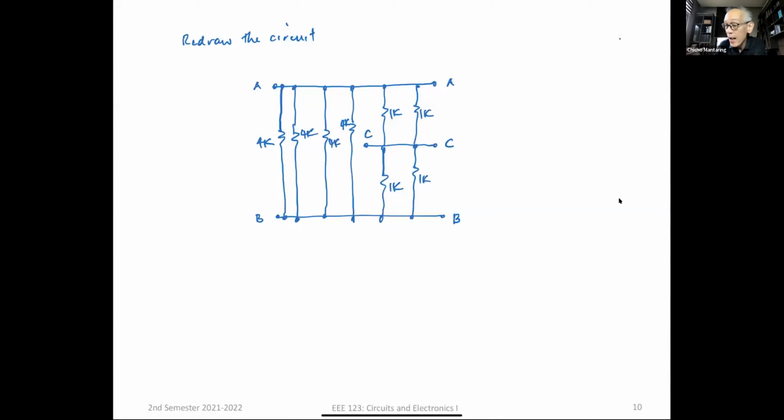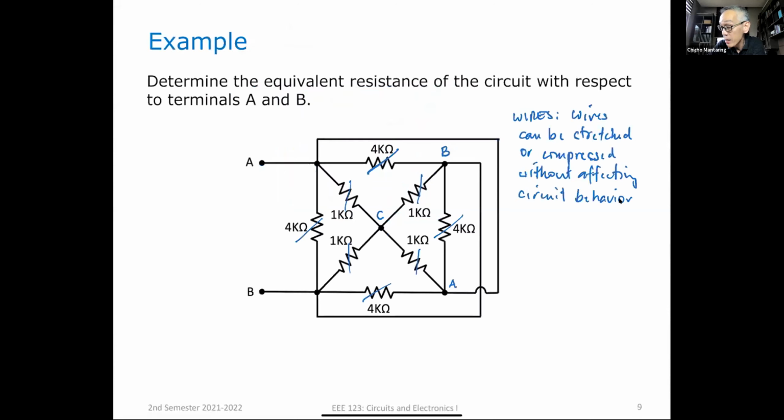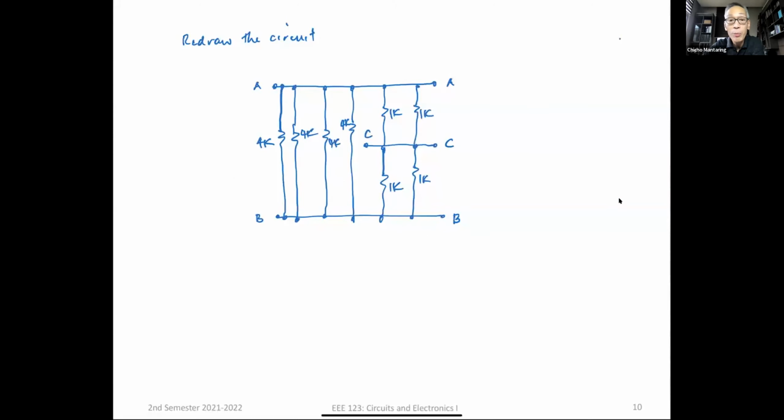Okay, having said that, please compute what the resistance is between A and B. So I want the resistance between A and B. Okay, so can someone compute that for me, please? I want to hear the answer from you.